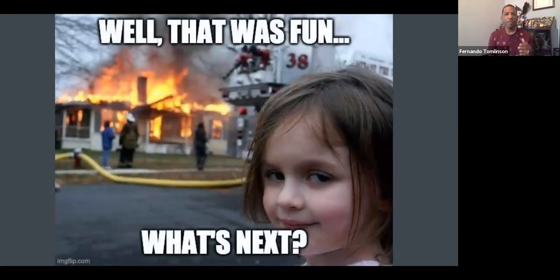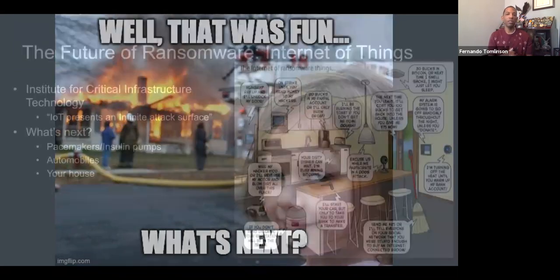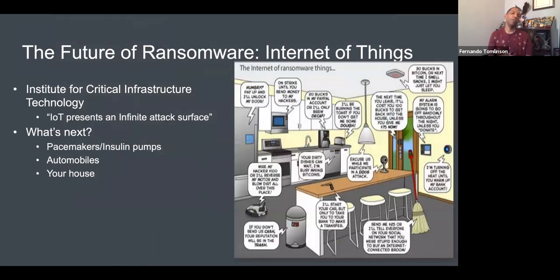Now, if that's not enough for you, right, and you want a little bit more, there's this. There's ransomware of the future, the Internet of Things. Everything is plugged up. Everything has a presence on the interwebs. And while it provides some level of convenience, it doesn't necessarily provide the same level of security, right?